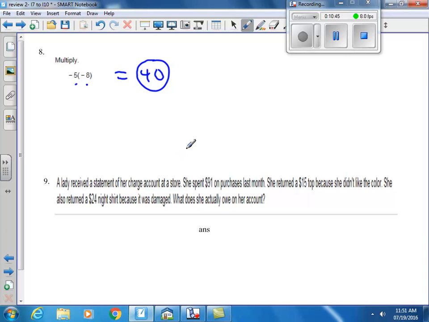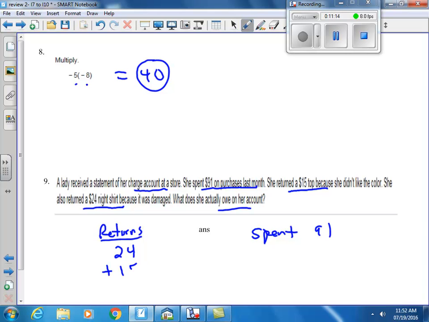So with this next one, we have a word problem. A lady receives a statement on her charge account that she spent $91 last month, and I'm just going to write that, spent 91, but she returned a $15 top, and then later she returned a $24 shirt. So how much does she actually owe? So, well, let's just kind of map it out. So her returns were the 24 and the 15.